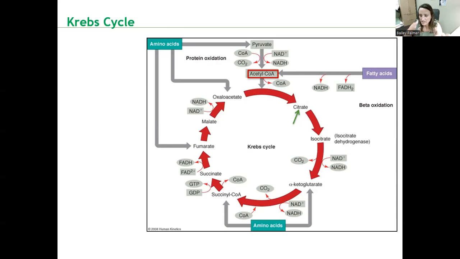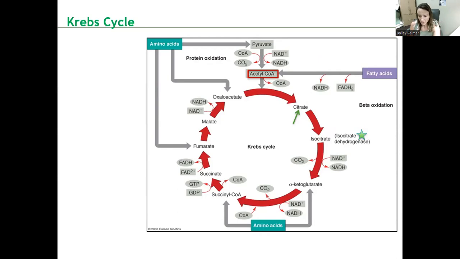Isomer we know is same formula, different arrangement of atoms. We see this enzyme. It's actually the only enzyme listed in this flowchart. Isocitrate dehydrogenase is the rate-limiting enzyme of the Krebs cycle. It determines how fast this system works, or how quickly this cycle goes through its 8 steps or 7 steps.